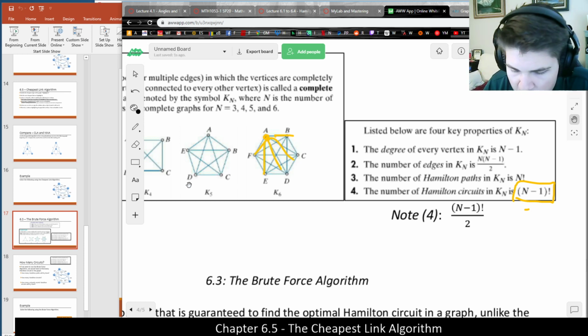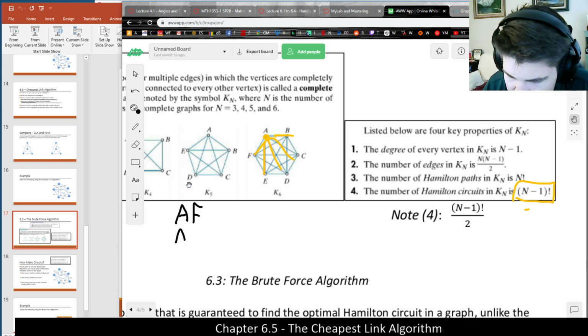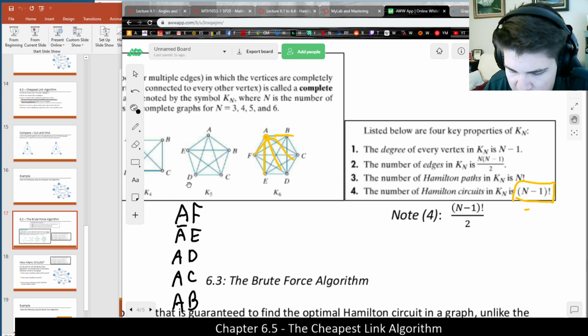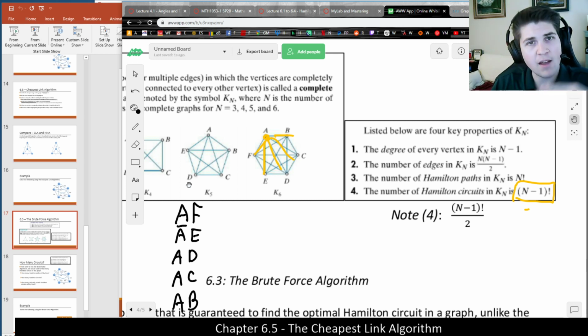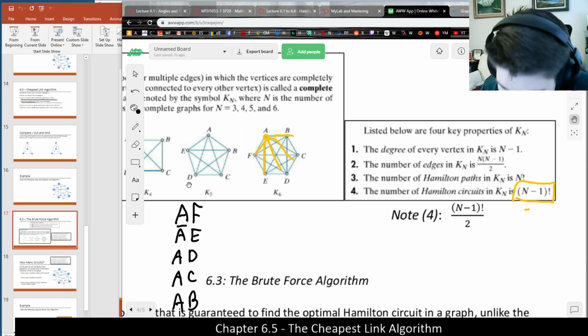Really, if I was trying to write those Hamilton circuits out, I could go A to F, or A to E, A to D, A to C, or A to B, right? If I'm starting at A, I first have 5 choices. From there, I would have 4 more unique choices.